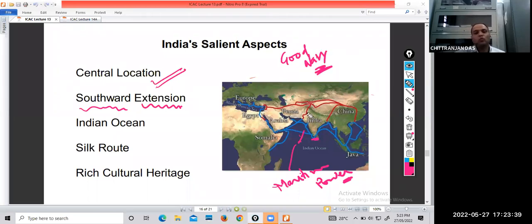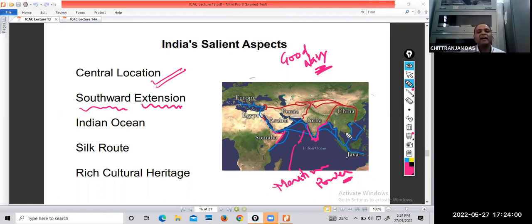So what I am telling you is that India has a central location, and its projection as a peninsula in the Indian Ocean has helped India have relations with both Africa and Southeast Asian countries.